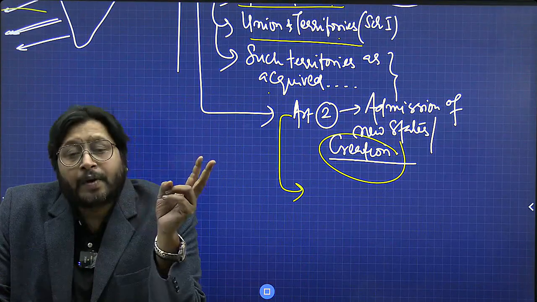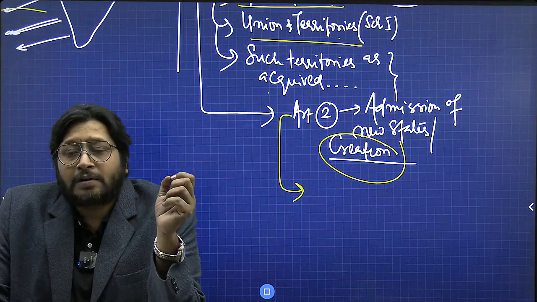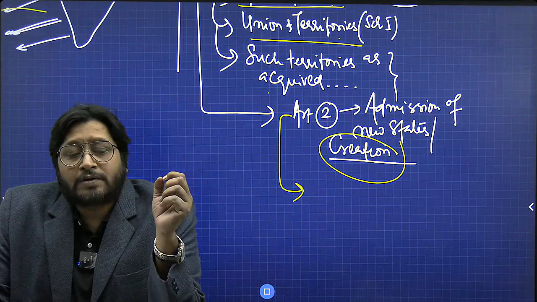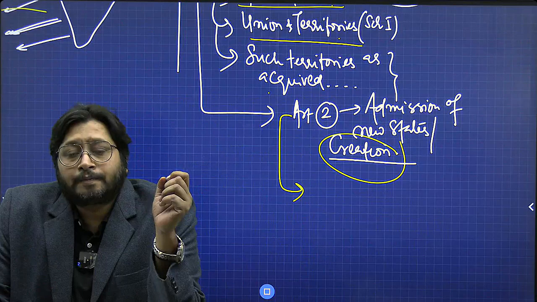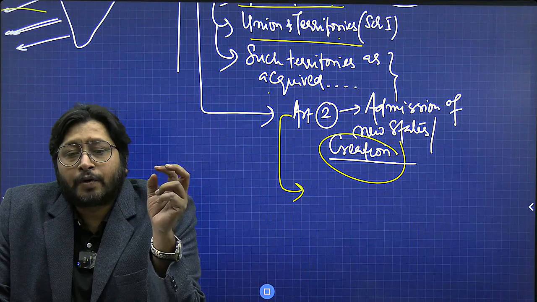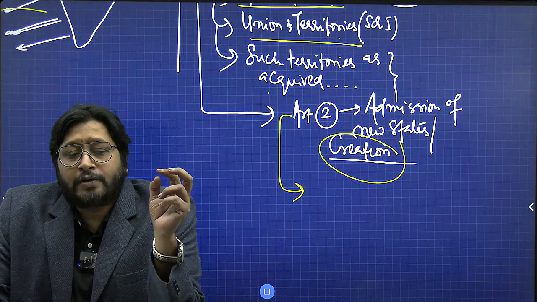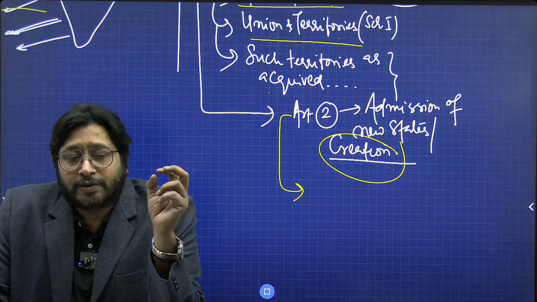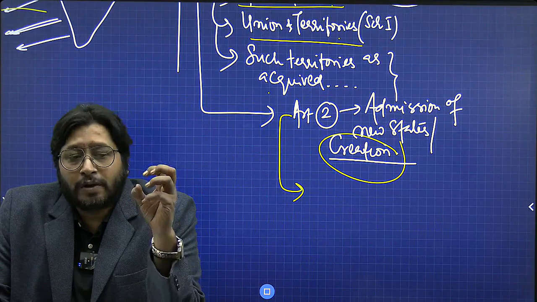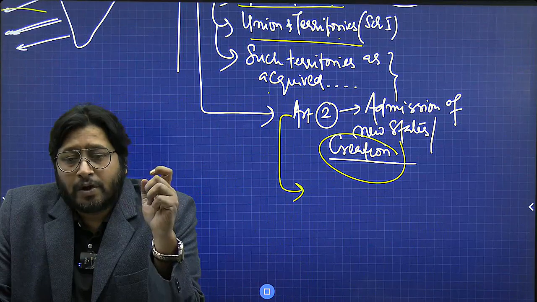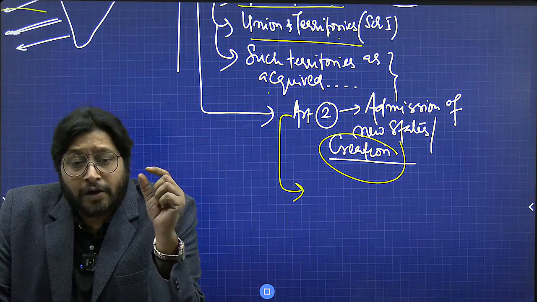So the main powers belong to the Parliament under Article 2, to admit new states, to create new states. This you must remember. Under Article 2, the main power belongs to the Union Parliament, one to admit, one to create new states.